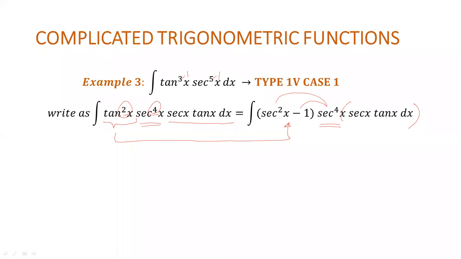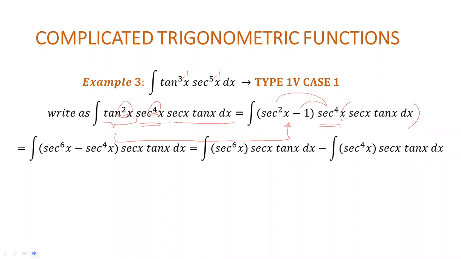What do you mean by that, Miss? So this is it. You have now this one distributed. Notice that you have now secant to the sixth and secant to the fourth. Then you split these two. So you have secant to the 6x, then you copy the set of derivative, and then secant x to the fourth, then copy the secant x tangent x.